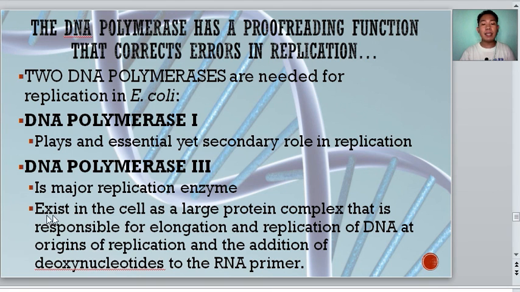It exists in the cell as a large protein complex responsible for the elongation and replication of DNA at origins of replication and the addition of deoxynucleotides to the RNA primer.